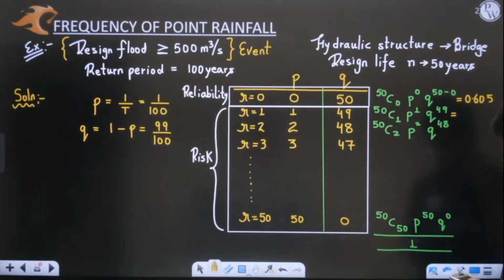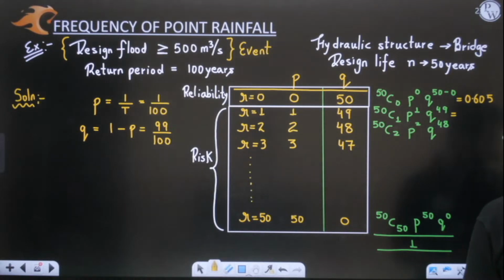So we have nCr in the calculator. So 50C1 is 50 multiplied by 0.01 multiplied by 0.99 power 49. This will be equal to 0.305.